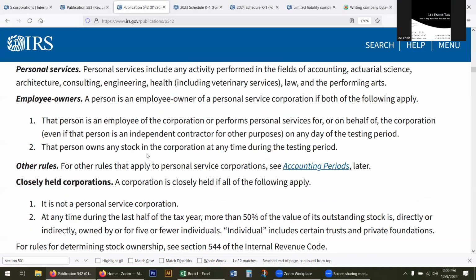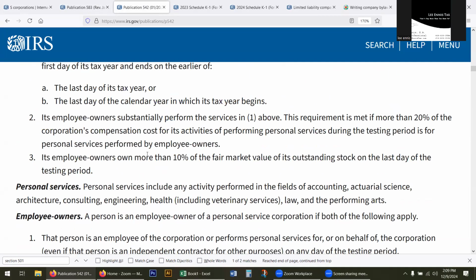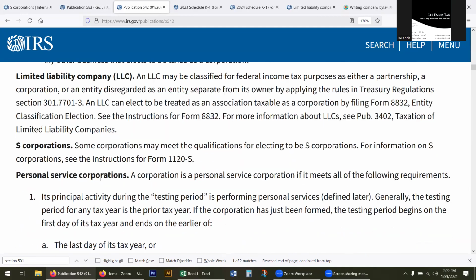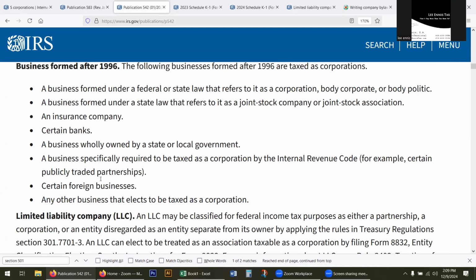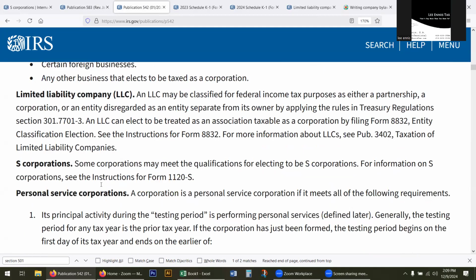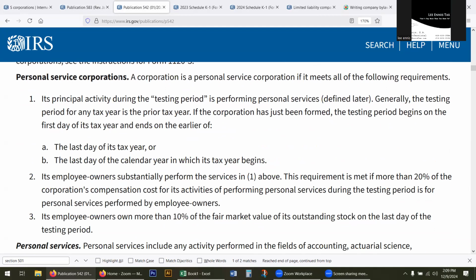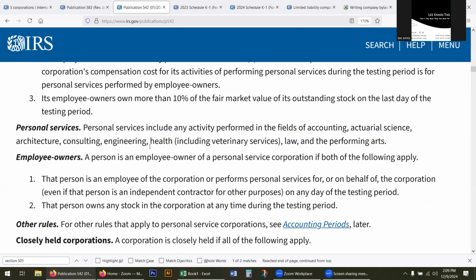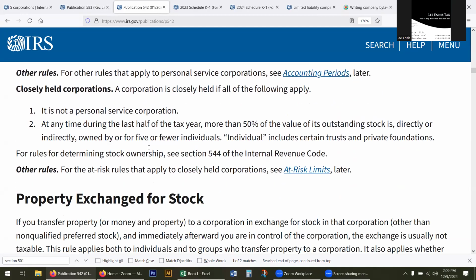There's one particular thing I wanted to talk about today. Number one, the different kinds of corporations. We already talked about LLCs, S corporations, and personal service corporations, which I won't go into. Maybe I'll do another video about that later.